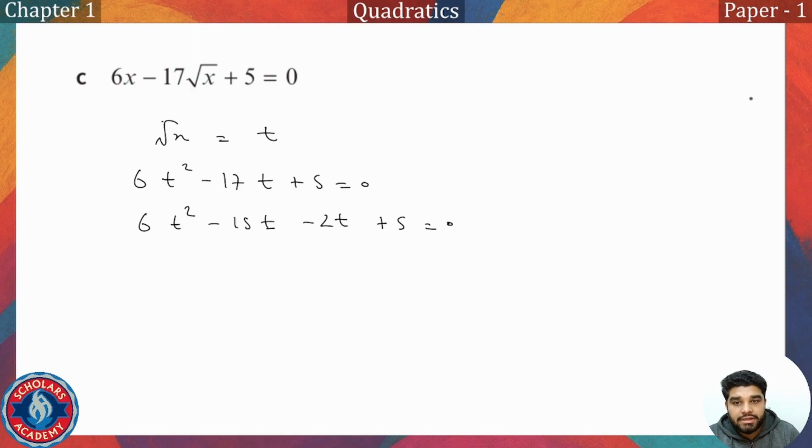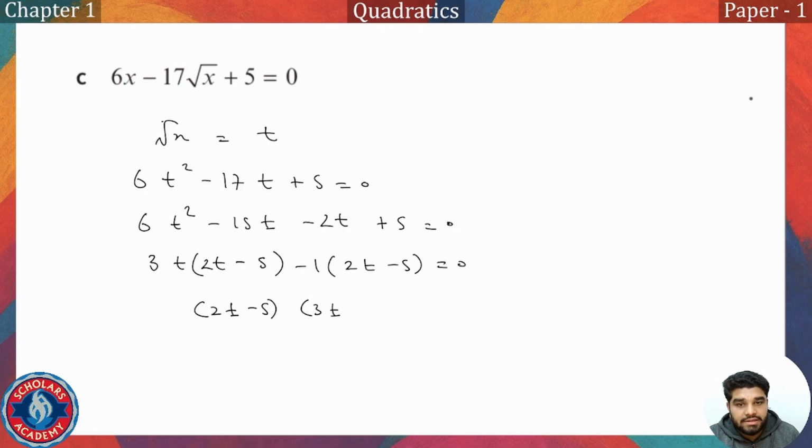So from here we can take 3t common and we get 2t minus 5, and we can take minus 1 common, 2t minus 5 is equal to 0. We get 2t minus 5 and 3t minus 1 is equal to 0. So our factors over here, we get t is equal to 5 by 2 and t is equal to 1 by 3.